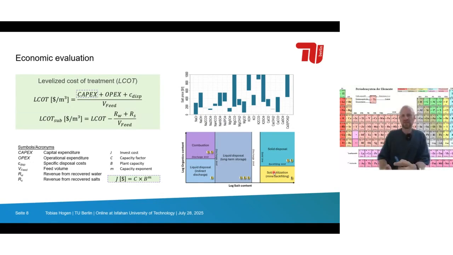If it's storage stable, low organics, then it can be put just in old mines to make it stable again. And we also can call this utilization officially. And this is the most, let's say, cheap solid disposal way. And in the end, in my process, this was always the target disposal way.